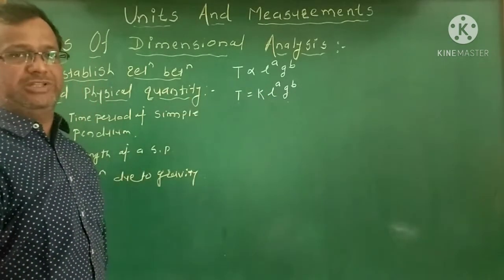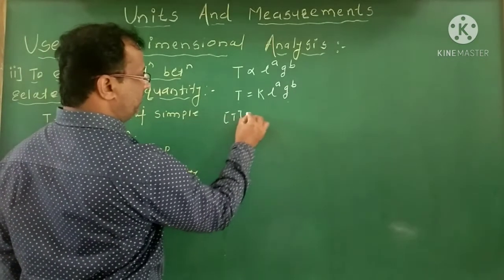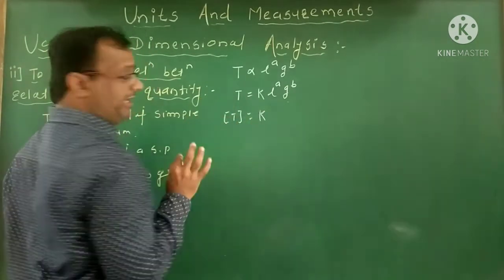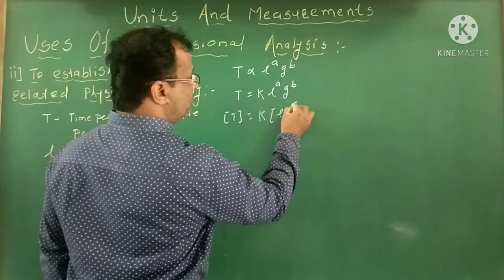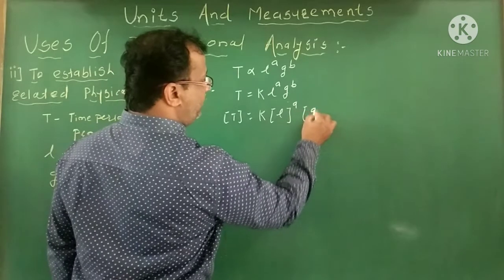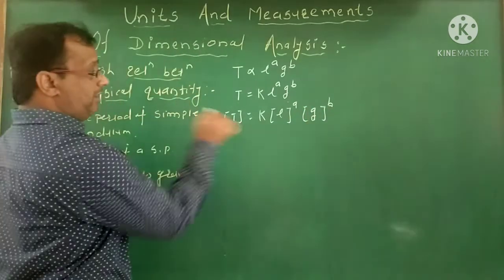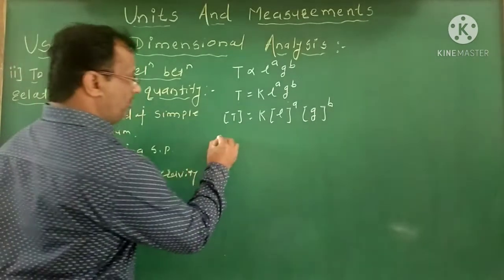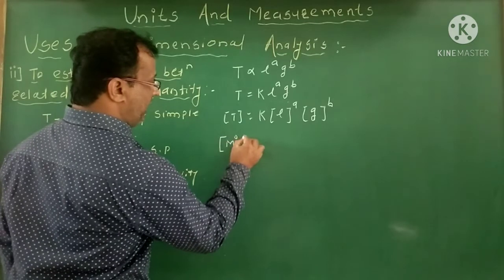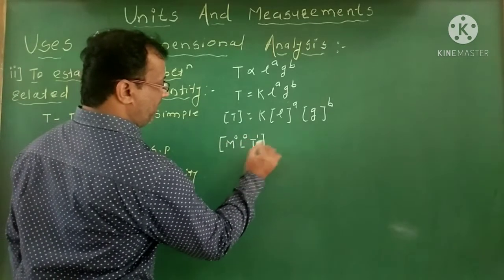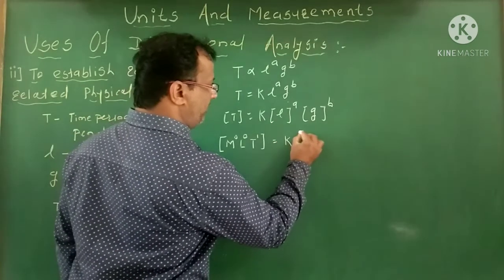The dimension of T is equal to K as it is, then dimension of L raised to A, and dimension of G raised to B. The dimension of time is simply M0 L0 T1, which is equal to K, a simple constant, so keep it as it is.